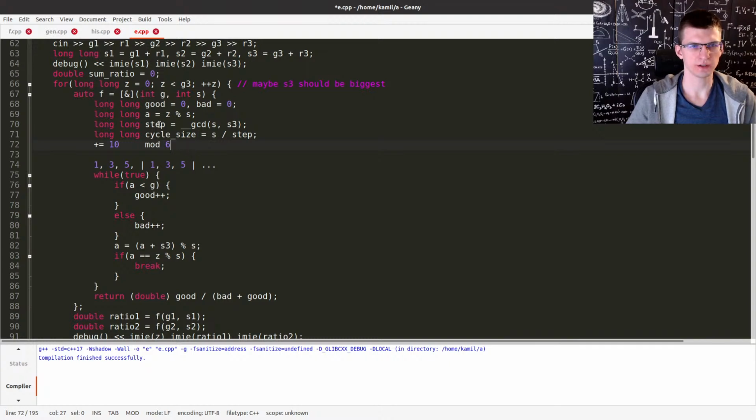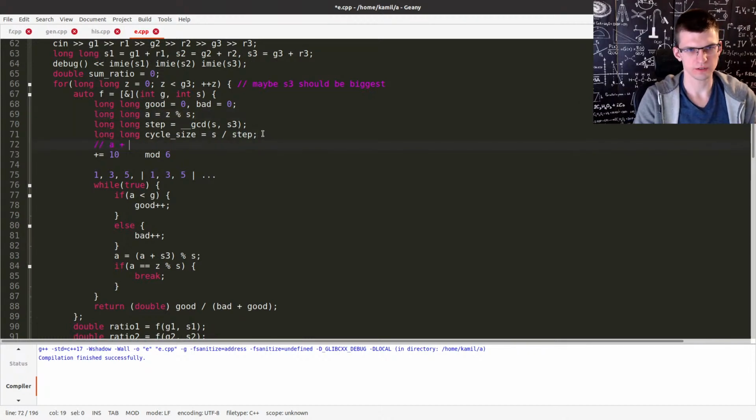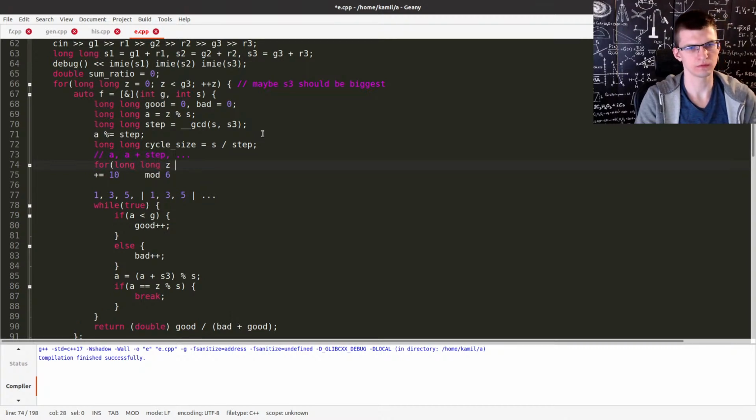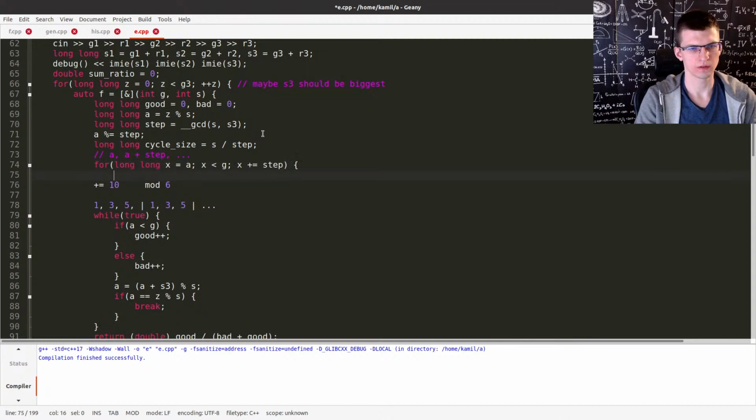What do I do with that? Also, I have the starting value, and I need to, among these values, a plus step, and so on. I need to count those smaller than green. Good plus plus.